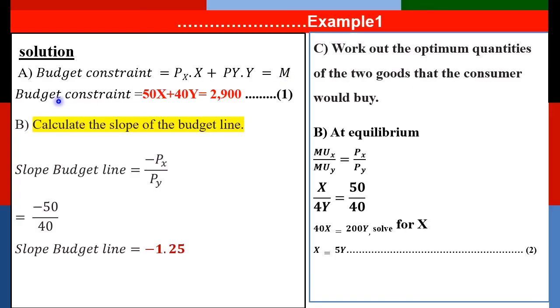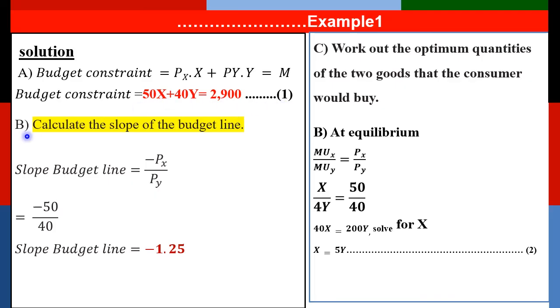We already have the prices of X and Y given. Price of X is 50 multiplied by quantity of X plus price of Y is 40 multiplied by the quantity of Y. Our income is given, which is 2,900. Therefore, this is the budget equation. Question 1.